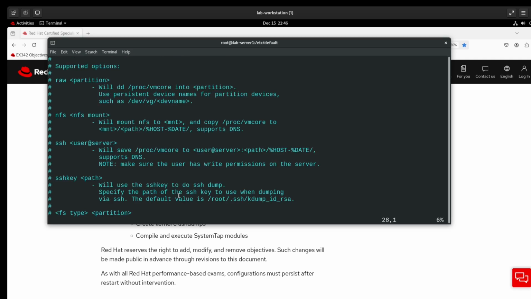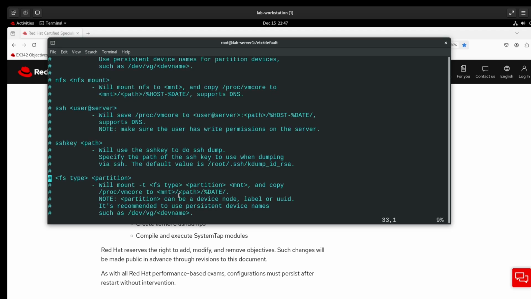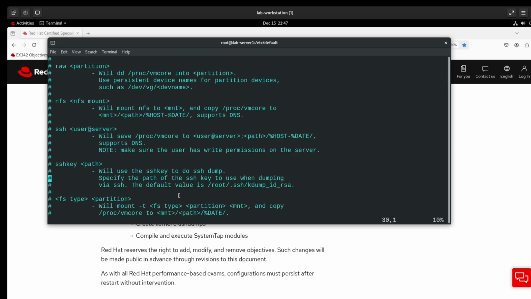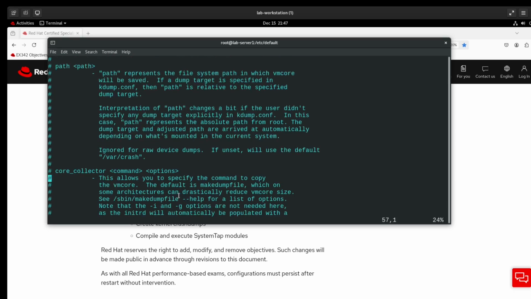What I imagine we'll probably be doing most of all will be either sending it to an NFS share, or sending it via SSH over to some other server, or putting it into a file, which by default I think goes into /var/crash, but we'll try to put that to the test. This raw option, I think, will dump this to an actual block device.